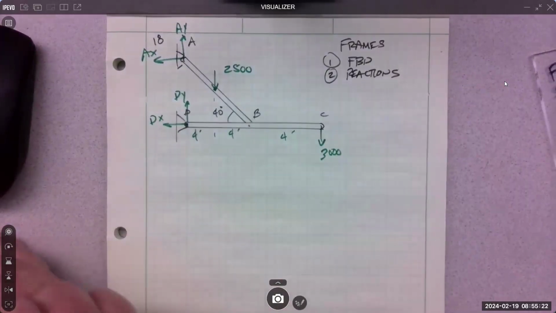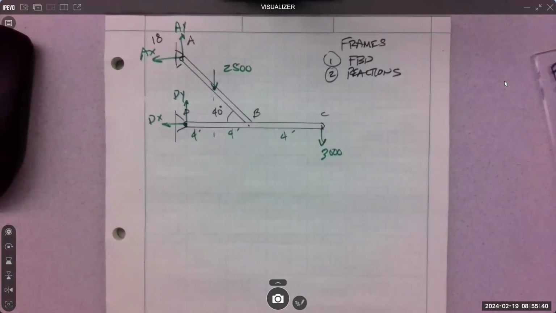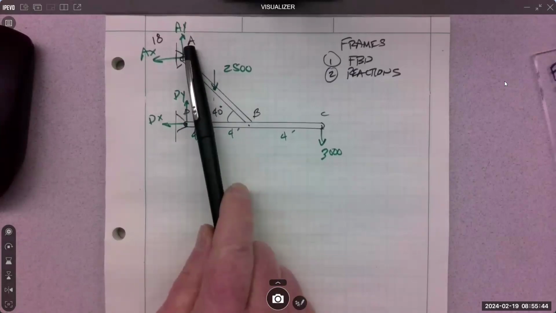With frames though, you typically are not going to be able to get all the reactions, but you should be able to get a couple. So get the ones you can. What reactions can we get? Again, leaving the frame together, I've not taken anything apart. Can we get the Y's?